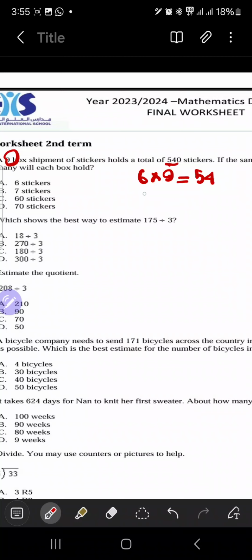If we increase a 0, say 60, we also increase 0, the other part becomes 540. So 60 times 9 equals 540. So the answer is 60.